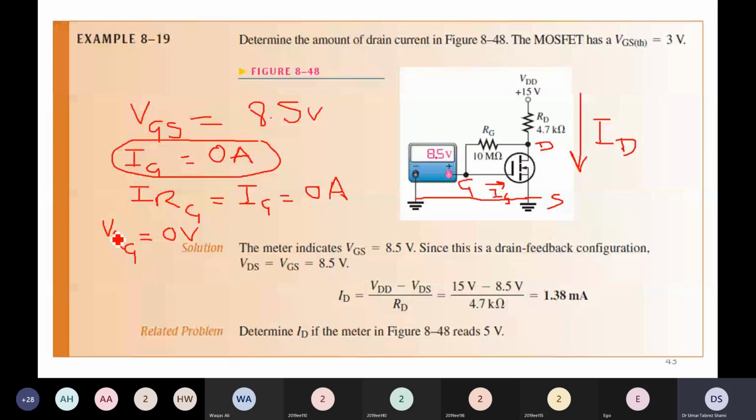If voltage VRG is 0, then I'm writing a statement that VD minus VG is equal to VRG.